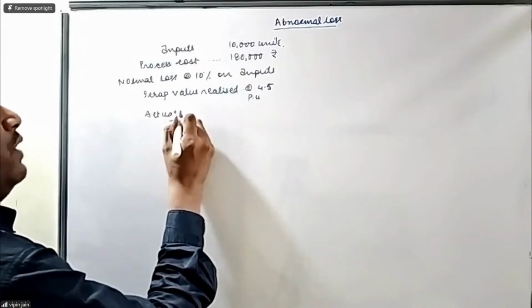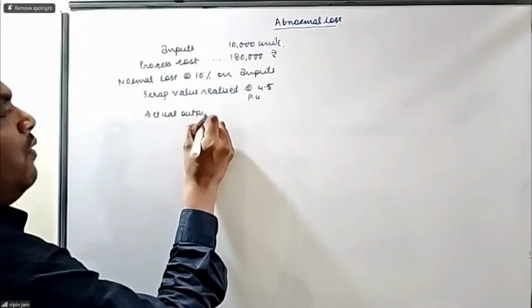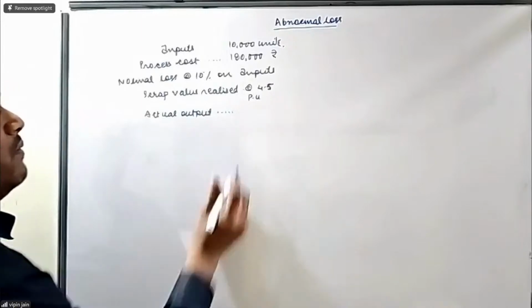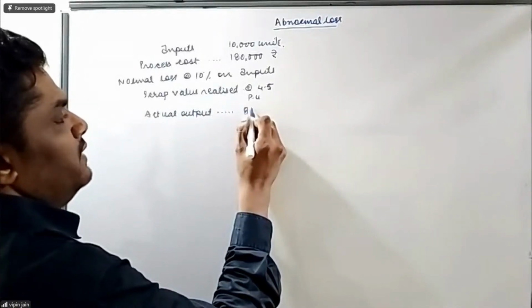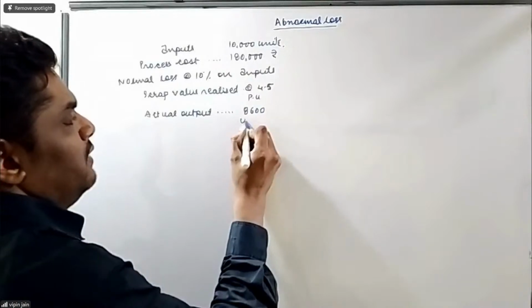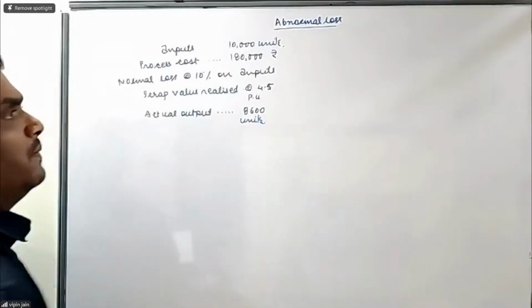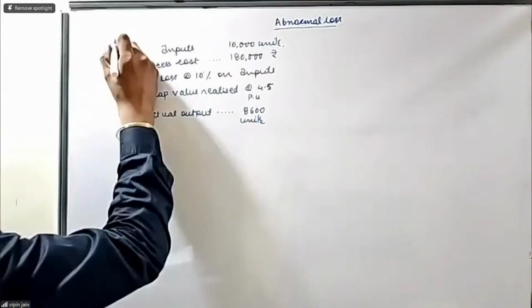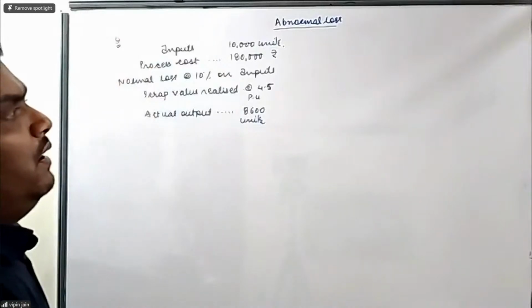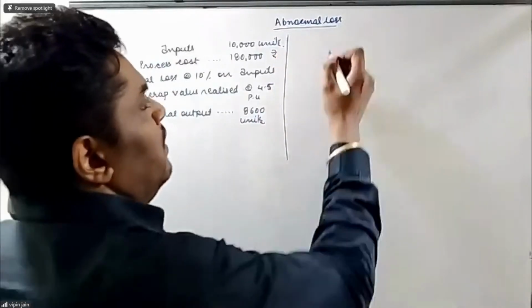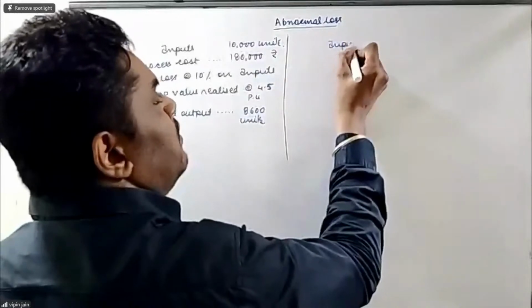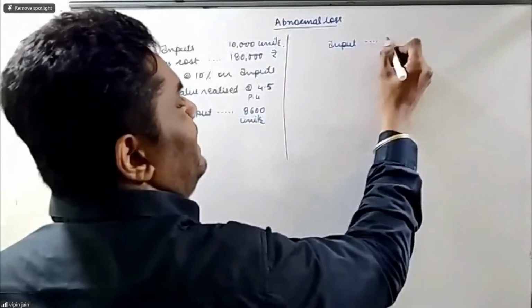Further, my actual output is 8,600 units. This is the question given. Now see, my input is 10,000 units.